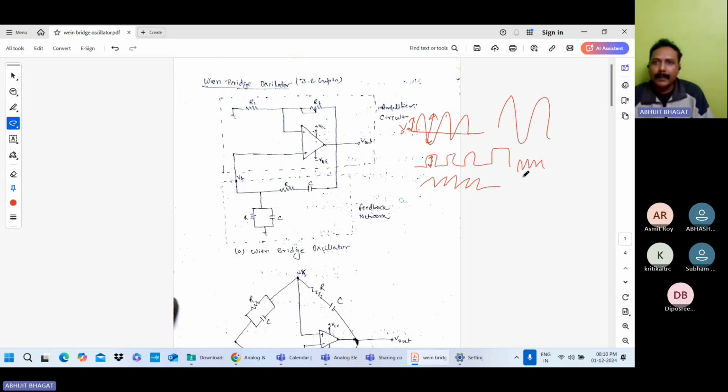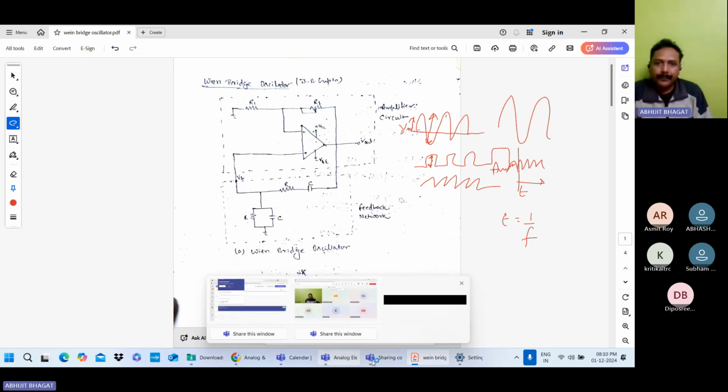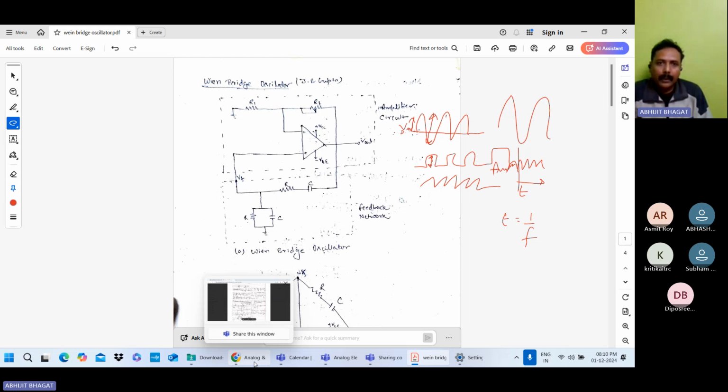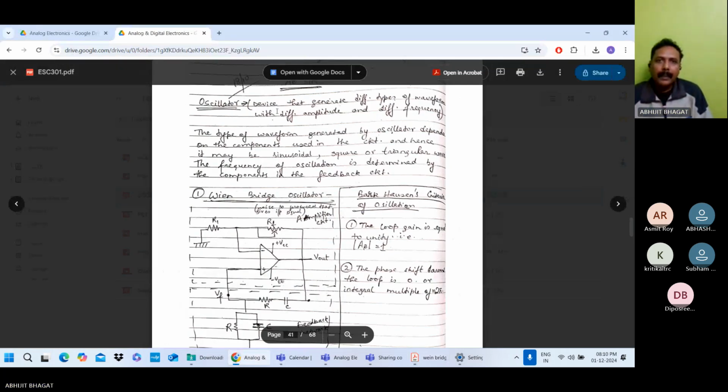Frequency is also varying. This is the time axis, and this is the amplitude axis. And you know time period is equal to 1 by f, means time is dependent on the frequency. So in case of oscillator, device that generates different types of waveform with different amplitude and different frequency is called the oscillator.